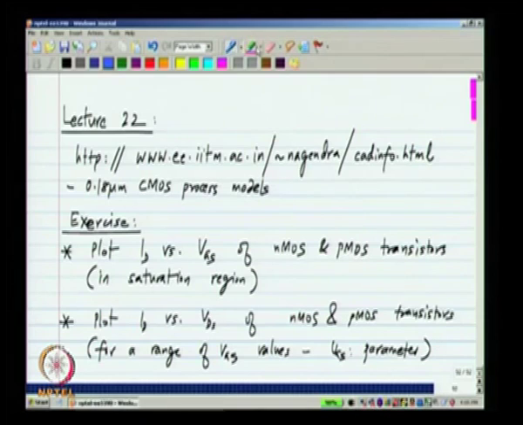You try these for different values of W by L. Let us say 1.8 micron by 0.18 micron. You can double both of them. Similarly, double it further.